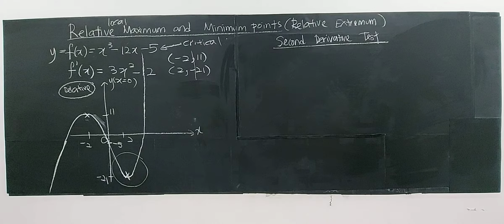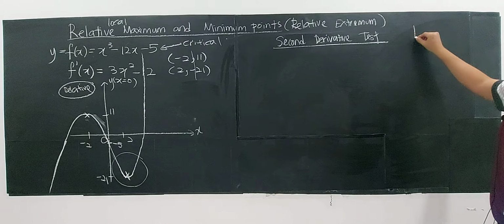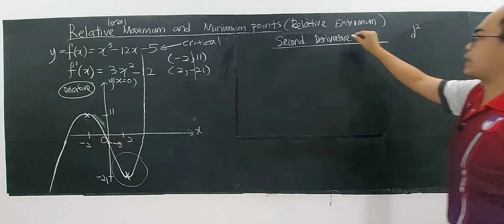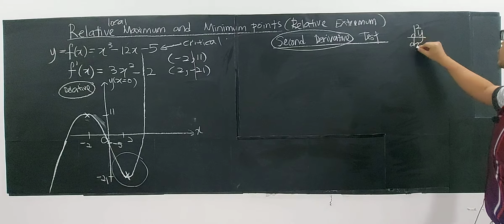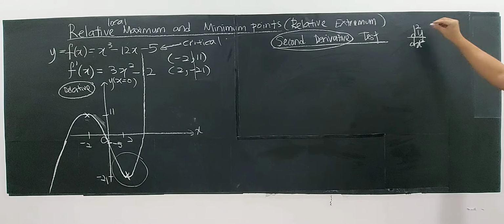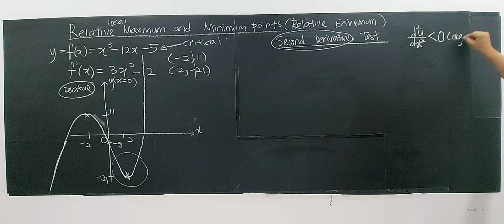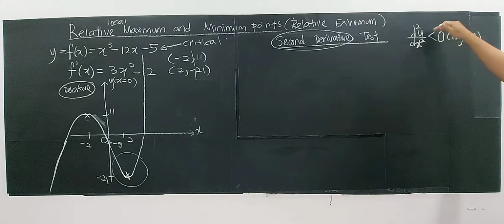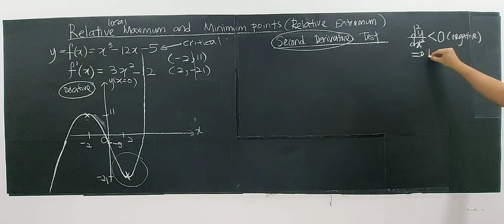Okay, how about the second derivative test? All right, let's talk about the second derivative test. The second derivative test is very easy. The second derivative means d2y/dx2. So if this is a negative number, less than 0, then this tells you that the point is a relative maximum point.